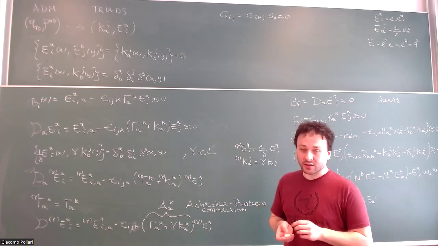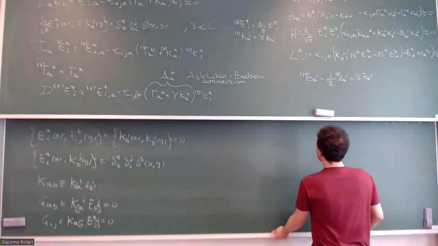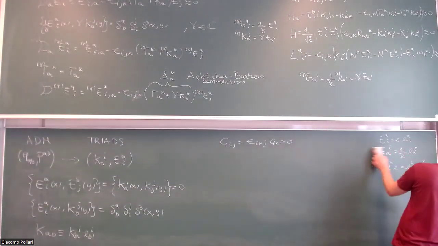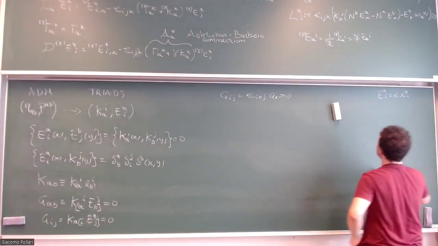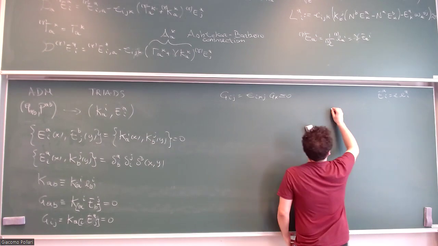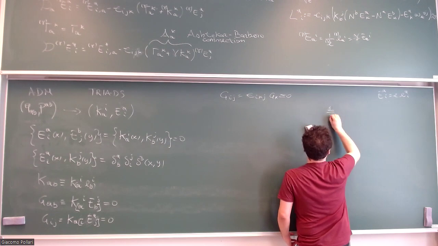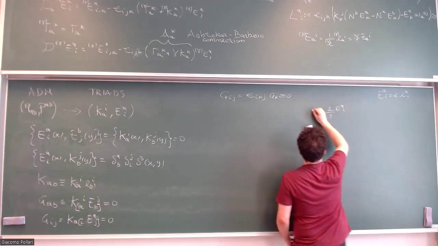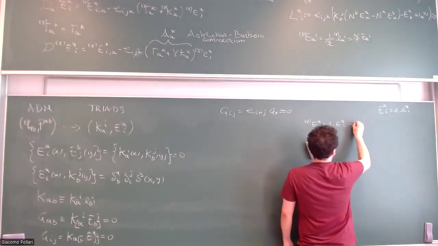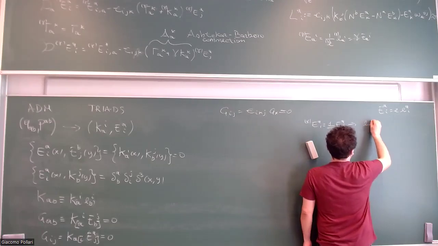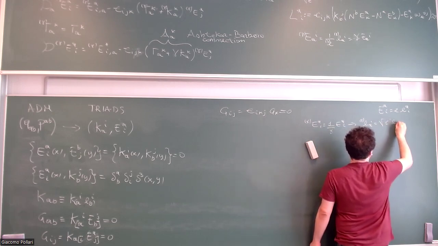Yeah, since this is the definition of E. That's right, it means that if we rescale by 1/gamma, this E^a_i, you can check it, is rescaled as the square root of gamma E^a_i.